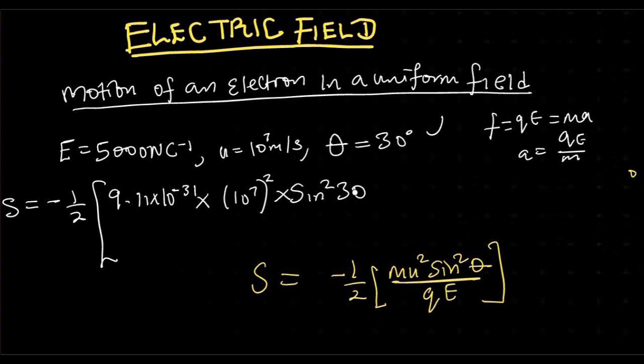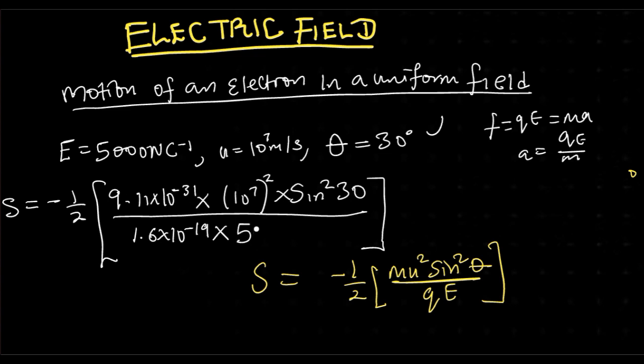You know how to press this in your calculator now, that is bracket sine 30 squared, all over the charge of an electron, that's 1.6 times 10 raised to power minus 19, times the electric field intensity, that is 5,000. So when you evaluate everything here in your calculator, you will have an answer.